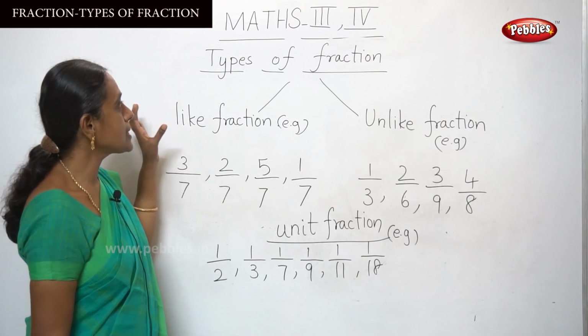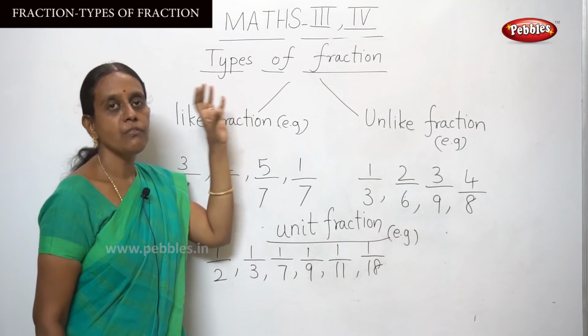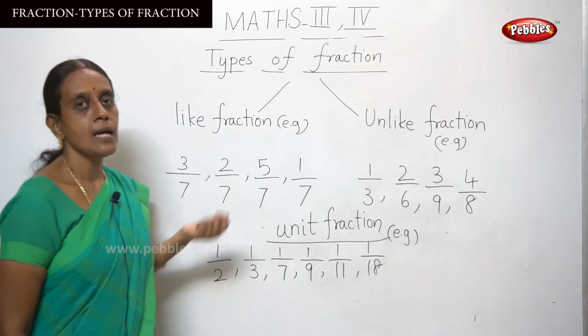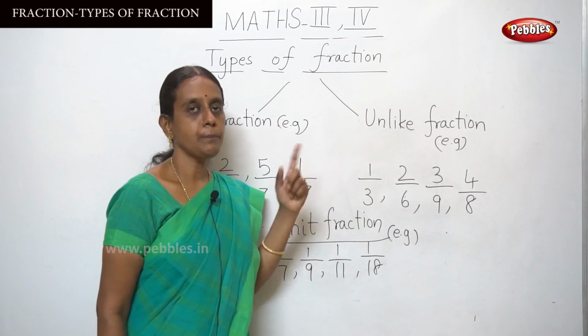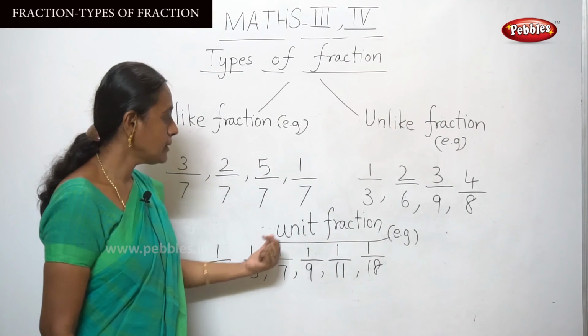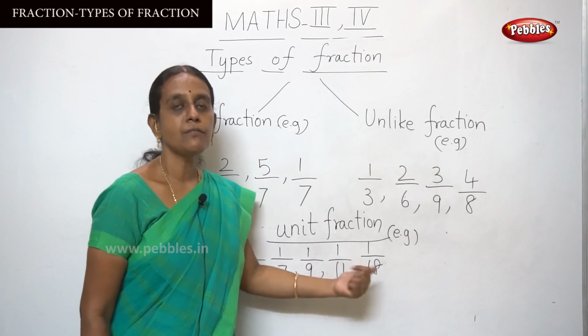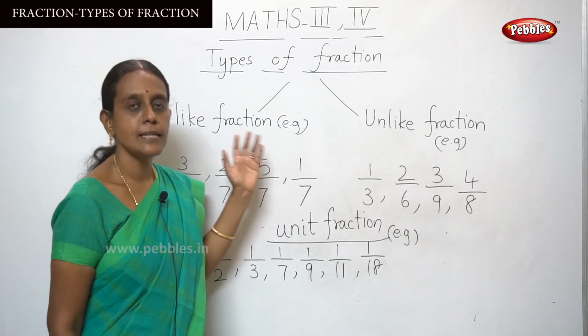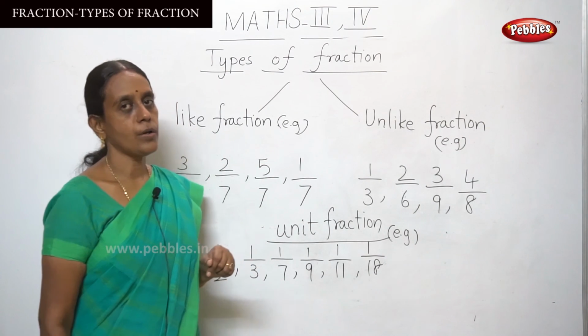Thus we have discussed the types of fraction. There are 5 types: proper, improper, like fraction, unlike fraction, and the final one, unit fraction. Let me move on to fractions in ascending order and descending order.